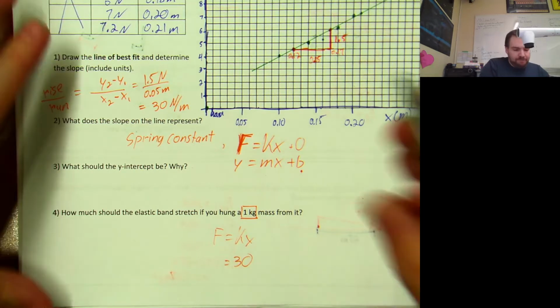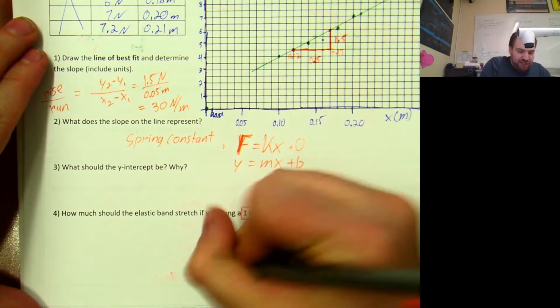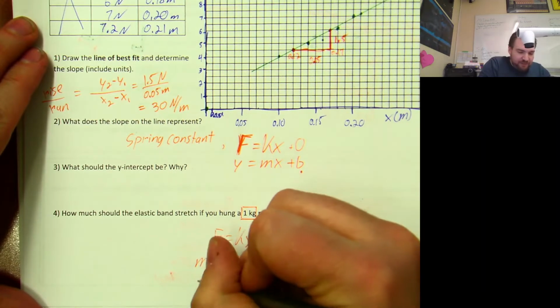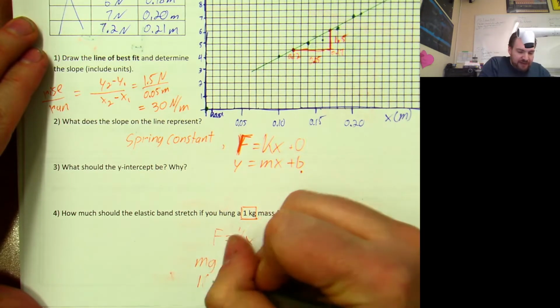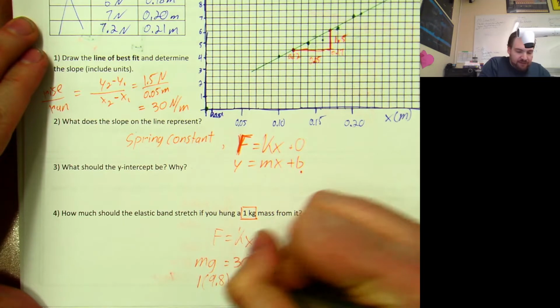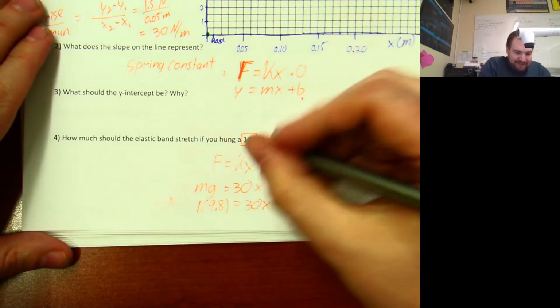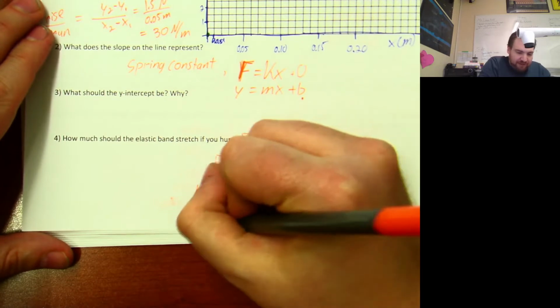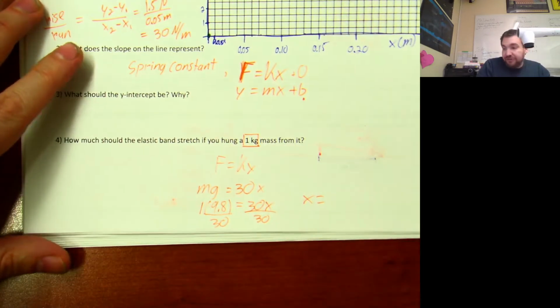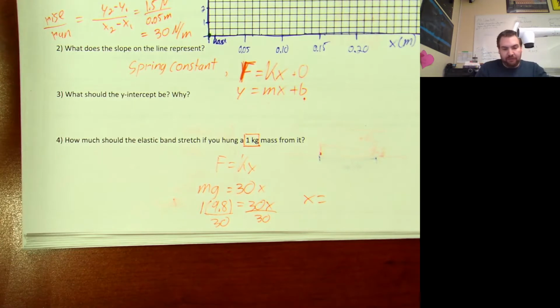Times by 9.8, good. So this is just going to be mg equals kx, so 1 kilogram times 9.8 equals 30x. Divide by 30, divide by 30. x is going to be just bigger than 0.3 repeating.